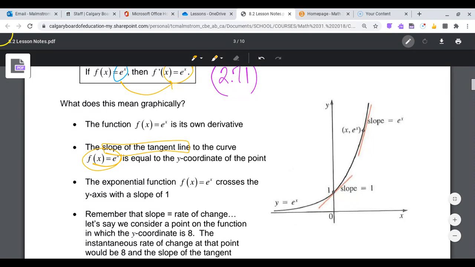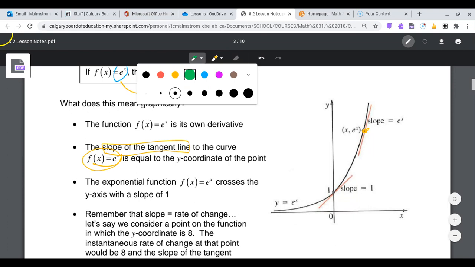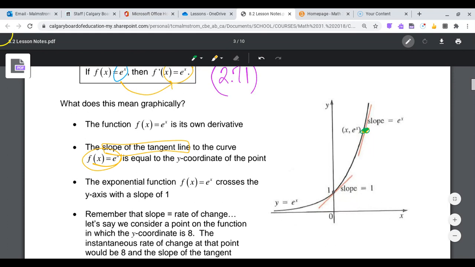So if I think about this point here at x and e to the x, if I have the function y is equal to e to the x, and I put x in here, what do I get? Well, I still have e to the x. That's my derivative. So the slope is my derivative.